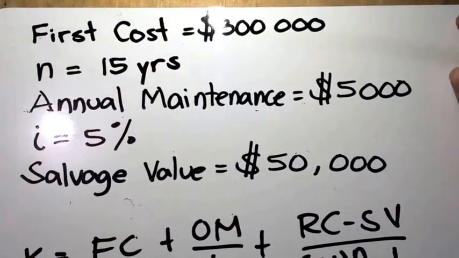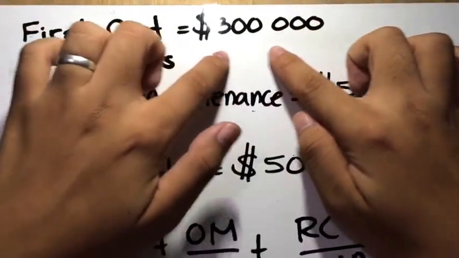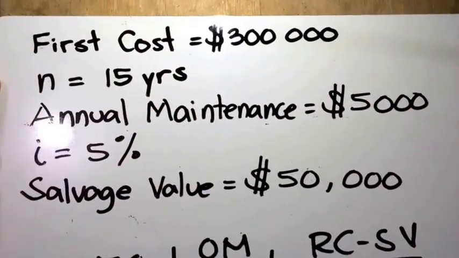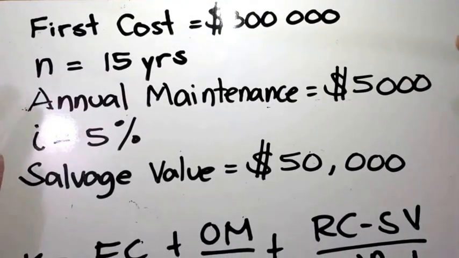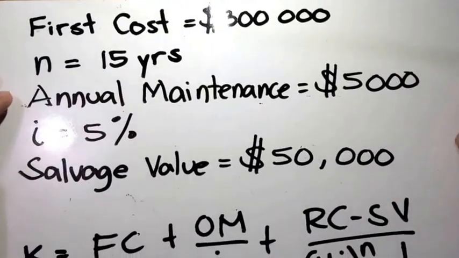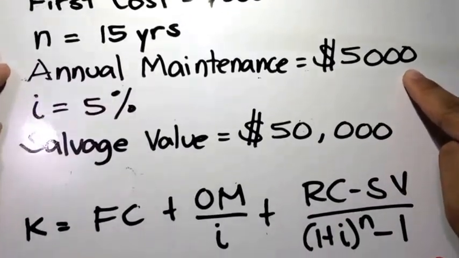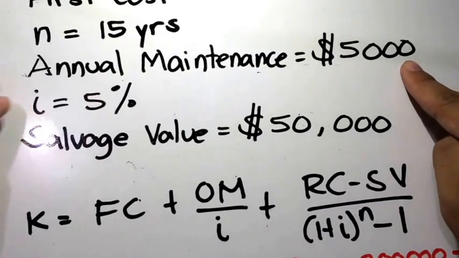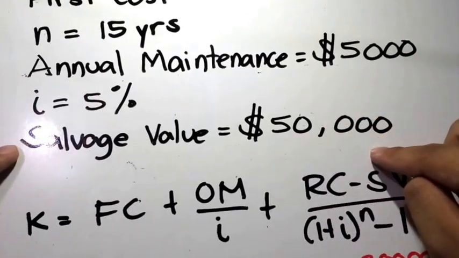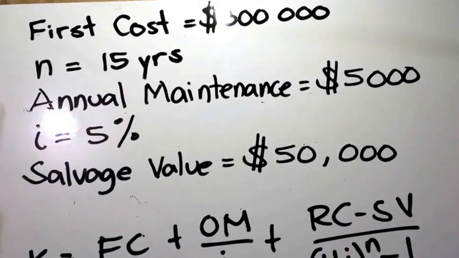Let's have an example. Imagine we have a machine that is worth $300,000 and its lifespan is 15 years. Now, we have an annual maintenance for that machine which is equivalent to $5,000, and if the worth of money or the interest rate is 5% and the salvage value is 50,000, we are being asked what is the capitalized cost.